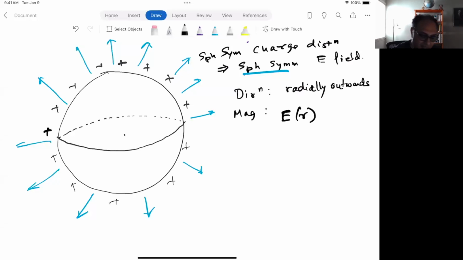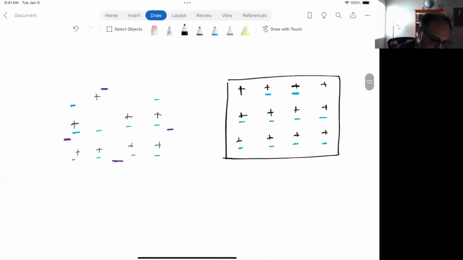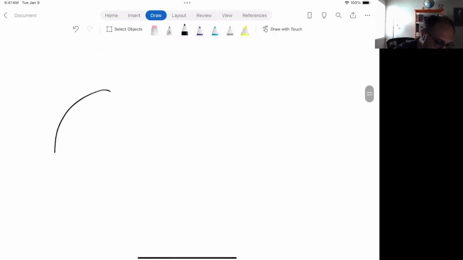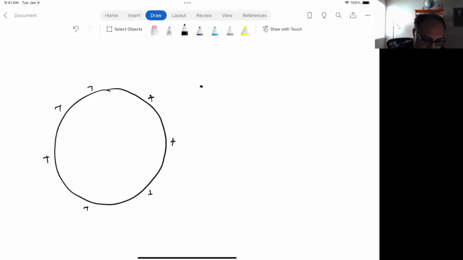So let's make sure we understand this. I'll just draw another diagram here. Here's a sphere, and there is charge on the sphere. Suppose the electric field at a distance of maybe 2 meters from the center is radially outwards and has a magnitude of maybe 10 newtons per coulomb.